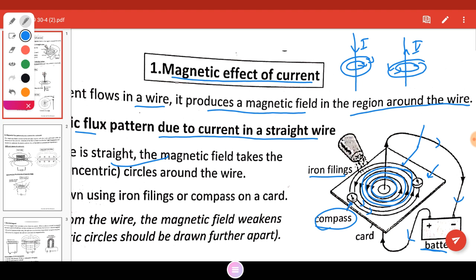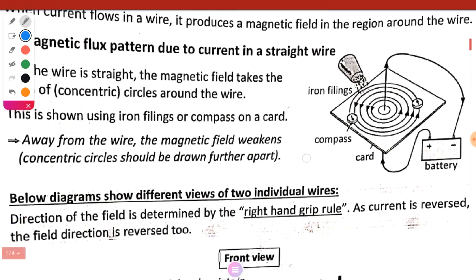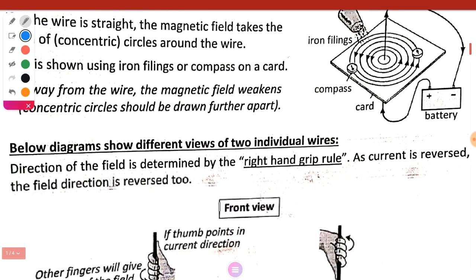This first state is called the magnetic effect of electric current. The magnetic effect of electric current may be in a straight wire or in a coil.